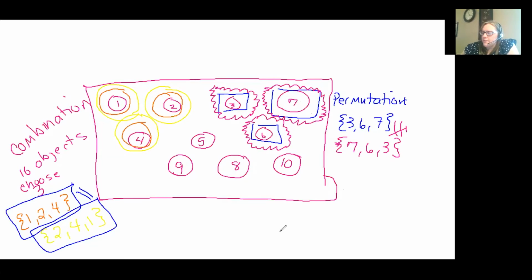So in this example, using the notation for combination, we would have 10, because there's 10 objects total, a big C, which indicates our combination formula, and then the number of objects we chose was 3. Over here for our permutation, number of total objects is 10, a big P to stand for permutation, and we chose 3 objects.